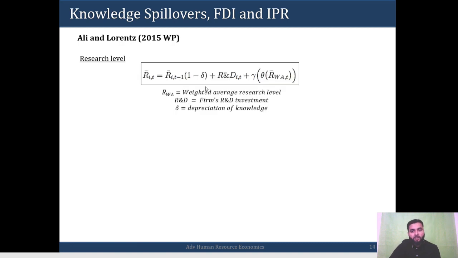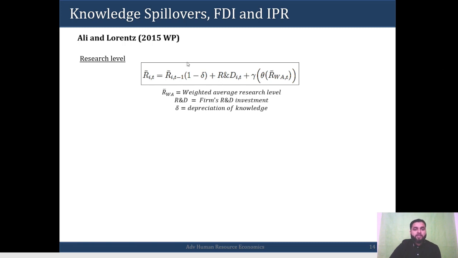Then we have research level. The research level equation depends on the last period's research level. Then you multiply it by 1 minus delta. So delta is the depreciation of knowledge. Some of the knowledge gets outdated, some of it gets forgotten, but let's think about it as knowledge that has become obsolete.